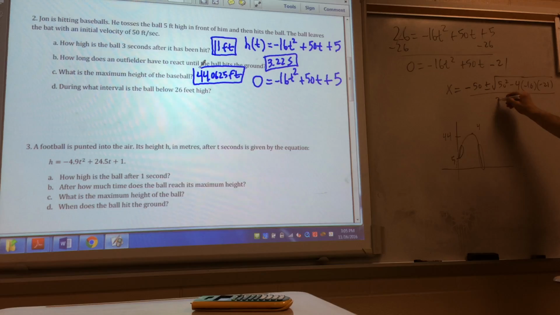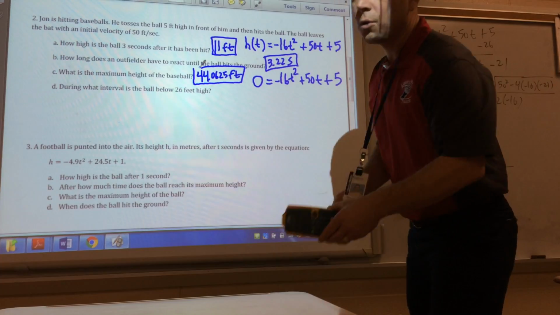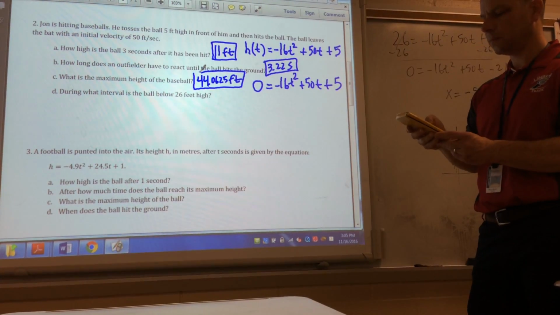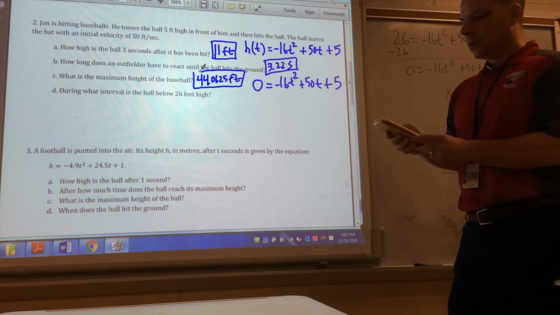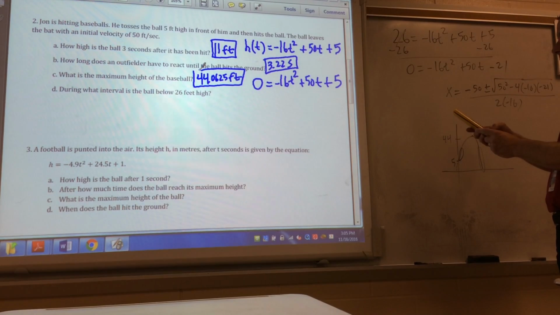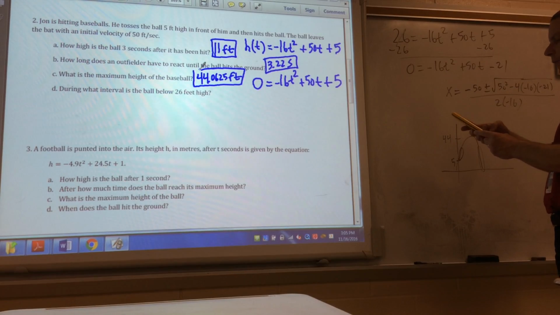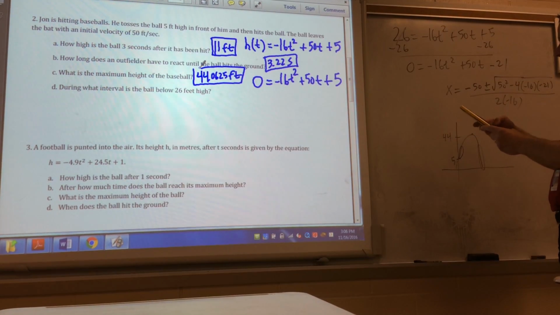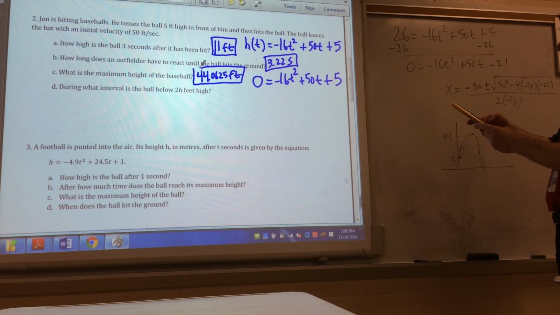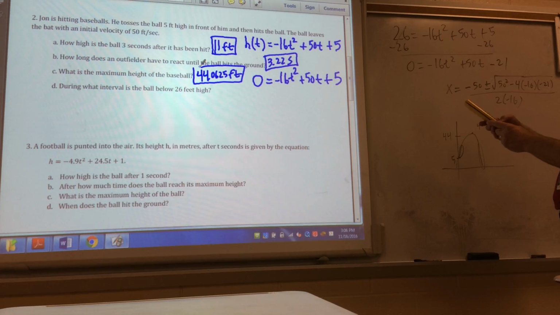all over 2a. All right, so let's plug that into the quadratic formula in the calculator. I'll bring up a fraction bar, and I have negative 50 plus the square root of 50 squared minus 4 times negative 16 times negative 21, all over negative 32.